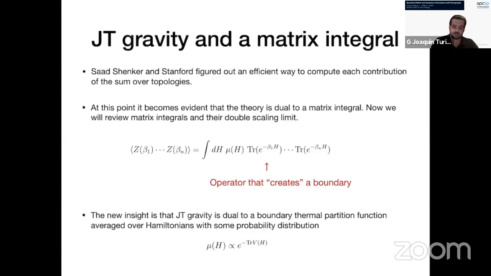And this measure has some formula, but the only thing we need to know is that there is a one-to-one map between this measure and the disk density of states, that in the case of JT gravity is this sinh square root E formula that I explained last time.